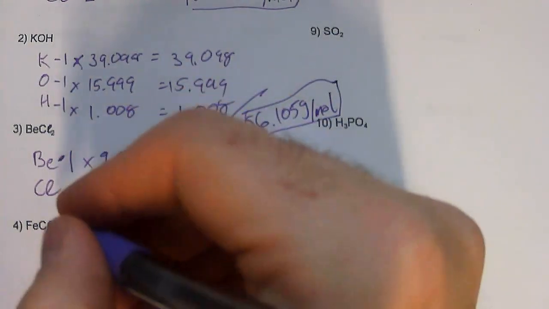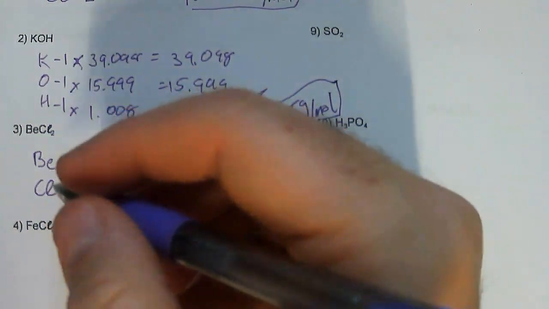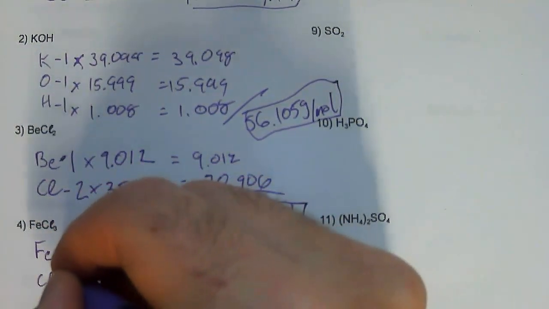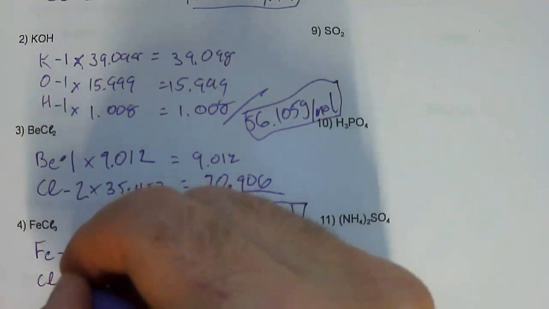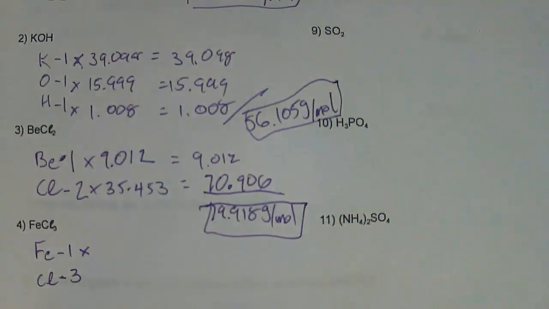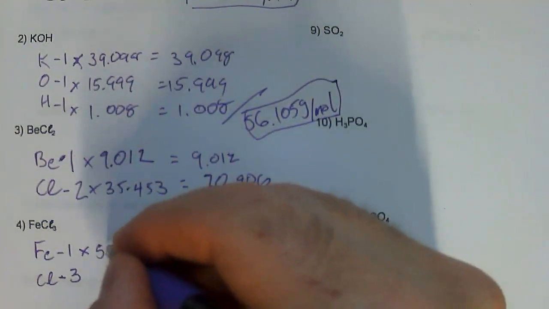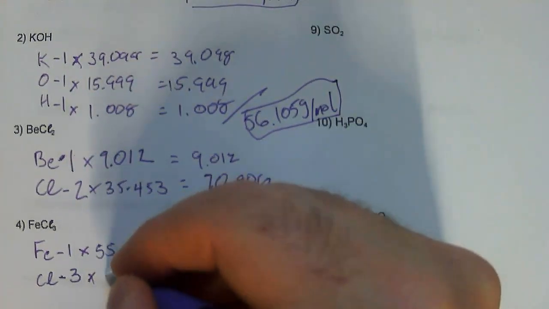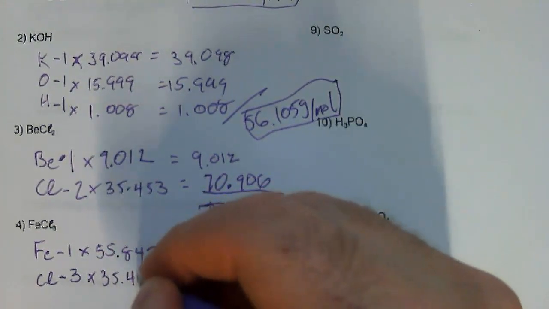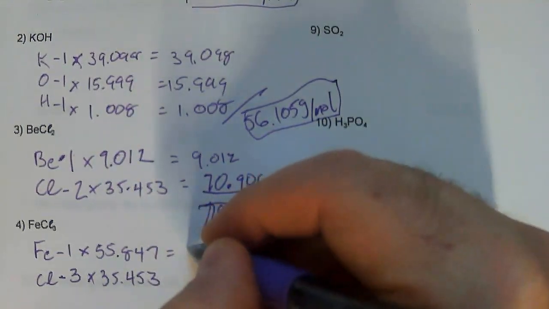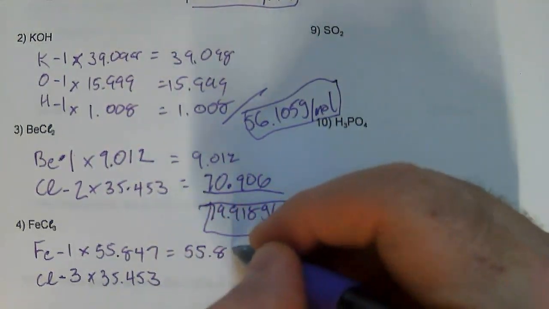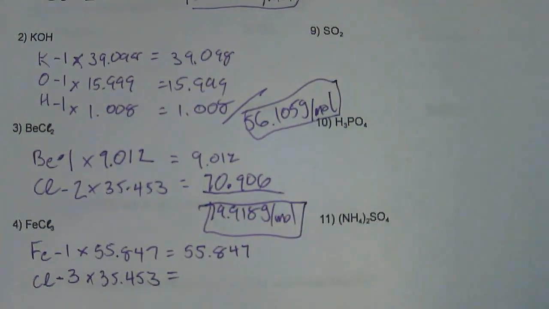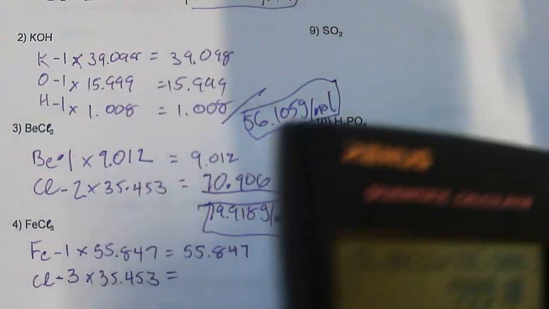And let's see. So FeCl3. List the elements. How many? There's one Fe, there's 3 Cls. Fe is 55.847. Chlorine again is 35.453. So this is 55.847. This one, I know what it is roughly, but I don't know it off the top of my head.